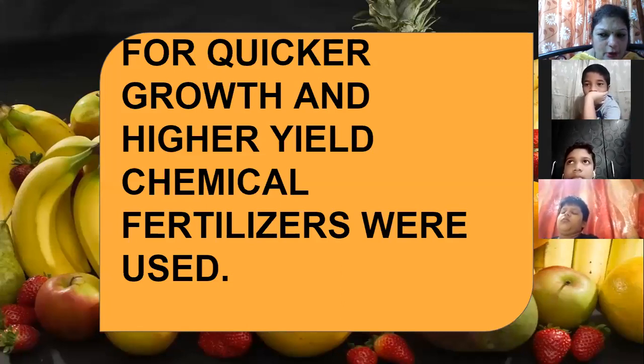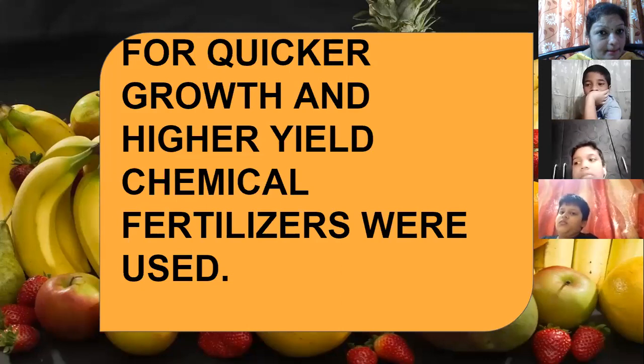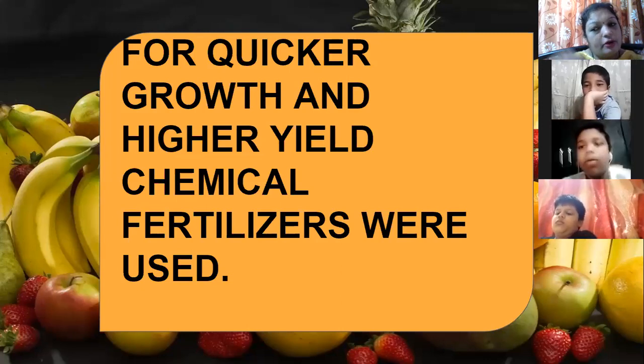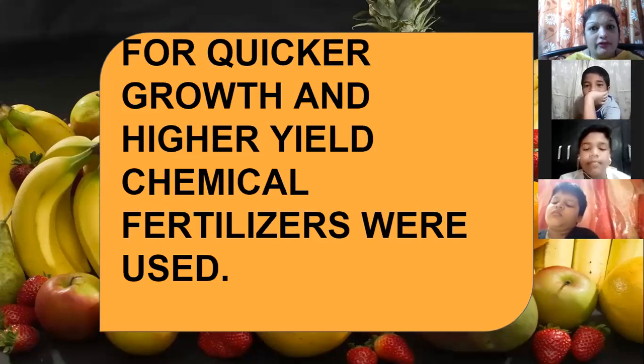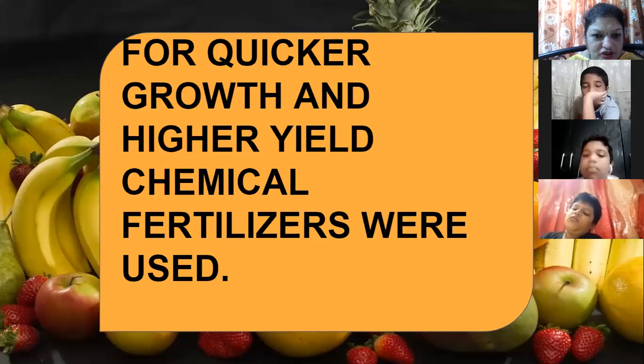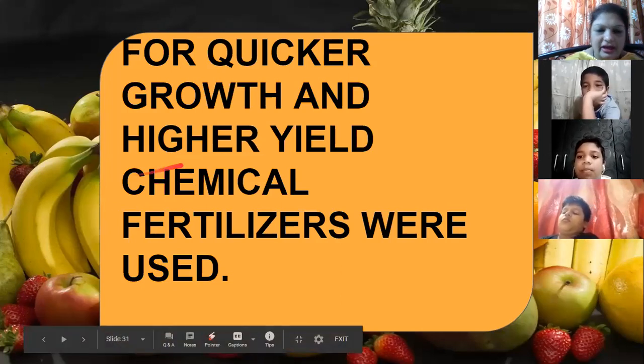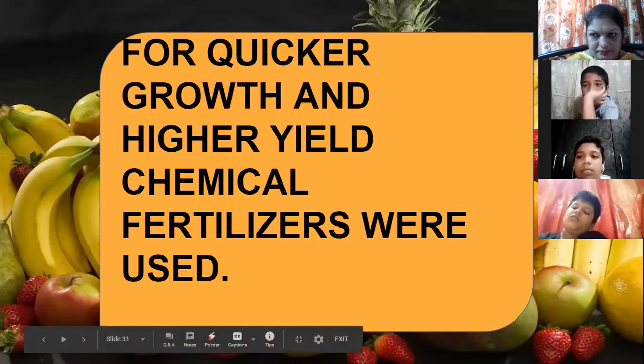Same thing is here. When you are using natural fertilizers for the soil, crop production will be there, it is very good, but that crop production will not be much. When you are using chemical fertilizers, what will happen? Growth will be more, crop production will be more, you will get a higher yield. That is the difference between natural and chemical fertilizers.